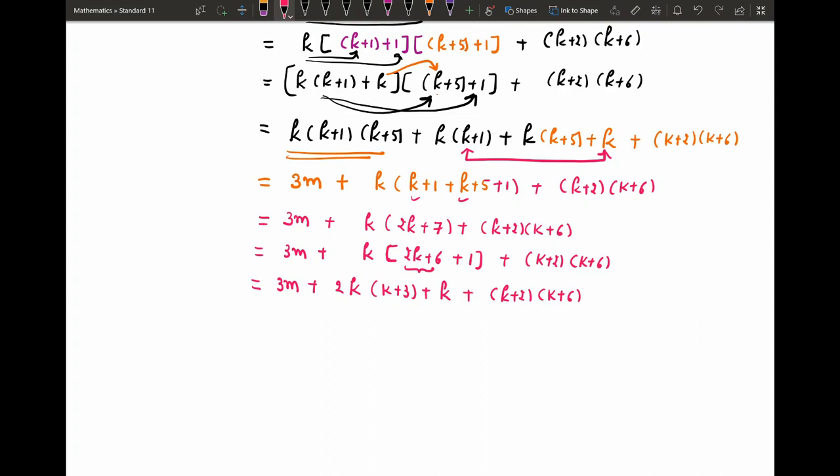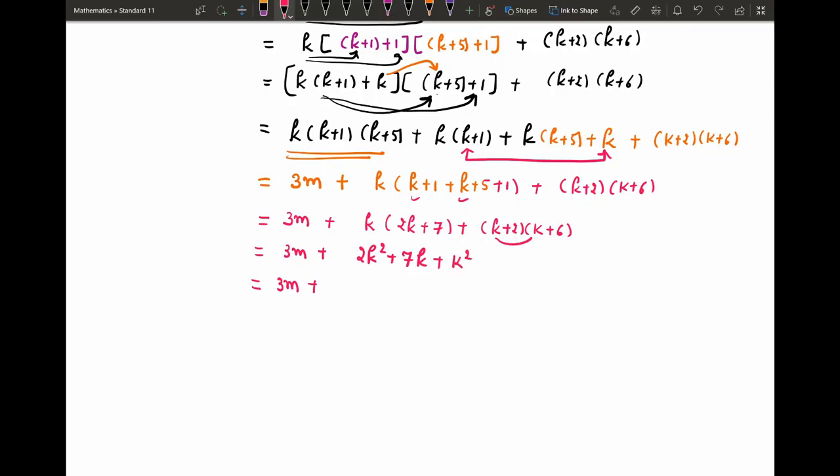Or let us expand this to get k common. Here it is better if we expand this one. So 2k square plus 7k plus k into k, k square plus 6k plus 2k plus 12.